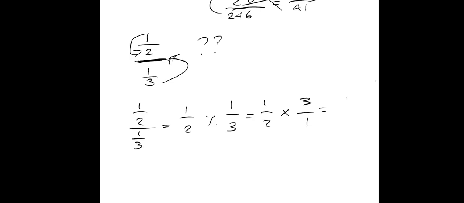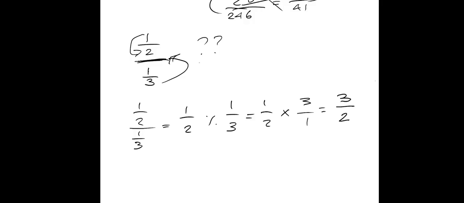But if you notice that this fraction sign is divided by, we can rewrite that 1/2 over 1/3 as being the same as 1/2 divided by 1/3, and we can rewrite it again as 1/2 times 3 over 1, and when we do that, 1 times 3, top times top, is 3, 2 times 1, bottom times bottom, is 2, and we're done.